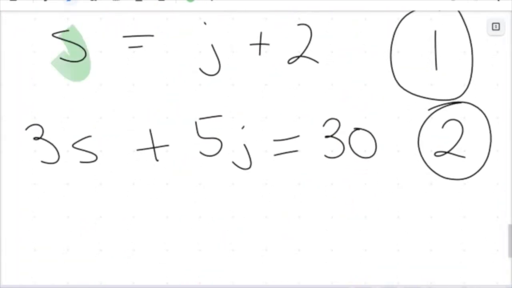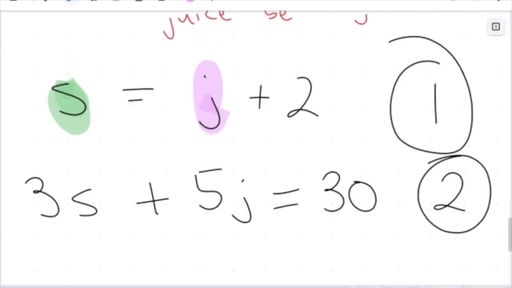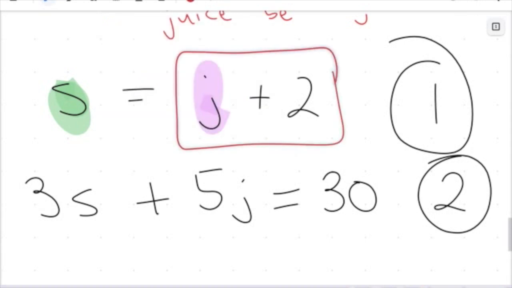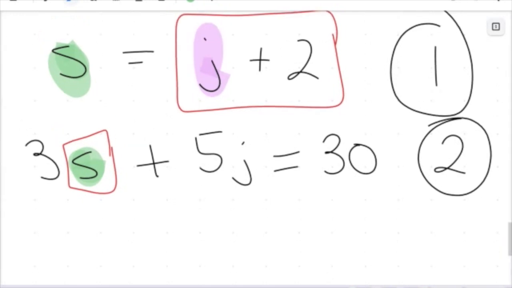We have an expression for S in terms of J. So therefore, we can put this entire expression here for S into here. So in this case, the S's are the same, so substitution will work. We can put the J plus 2 in place of the S because I'm told that these are equal.